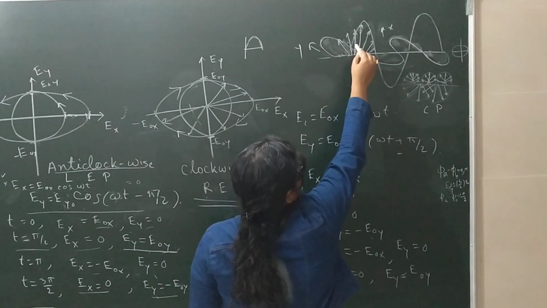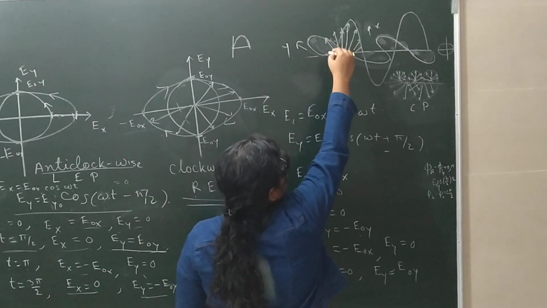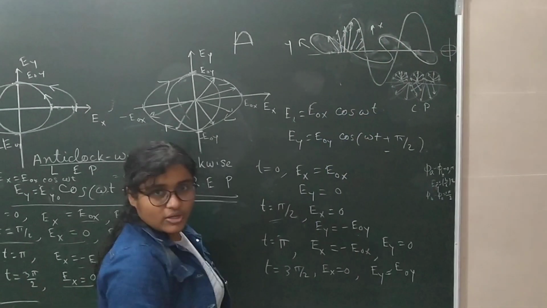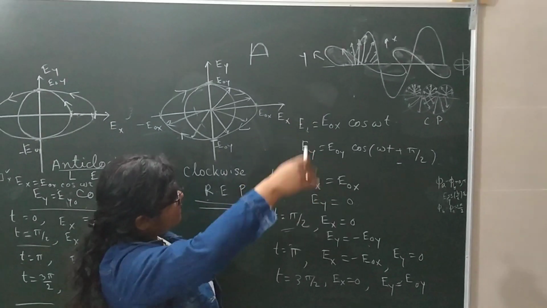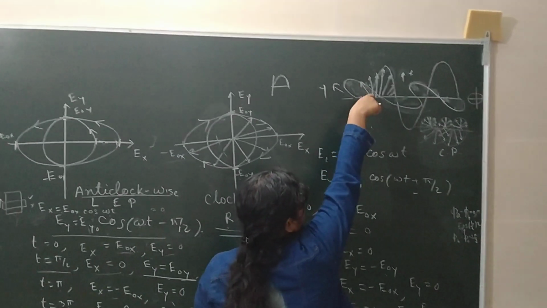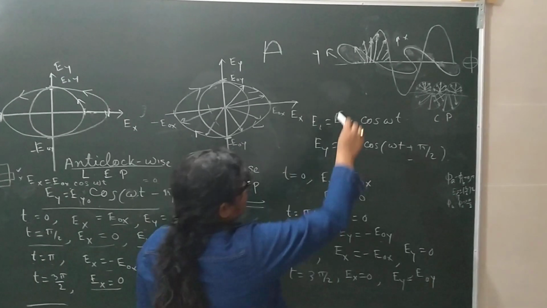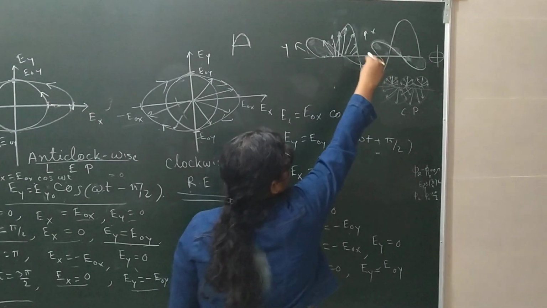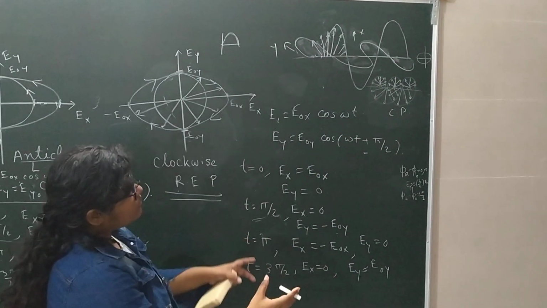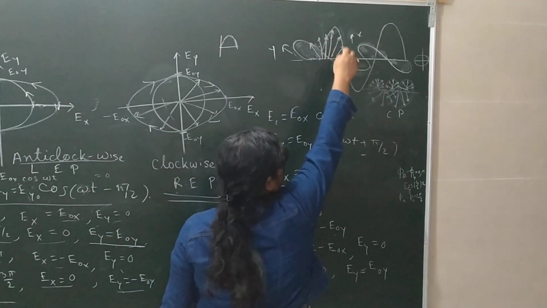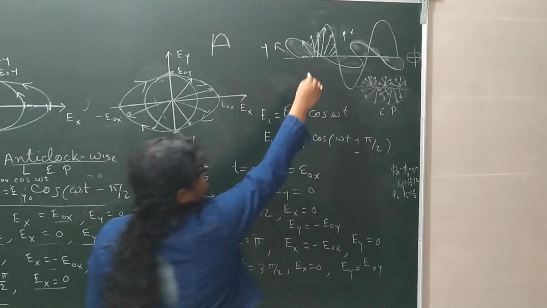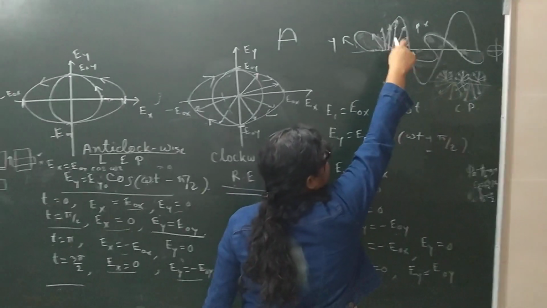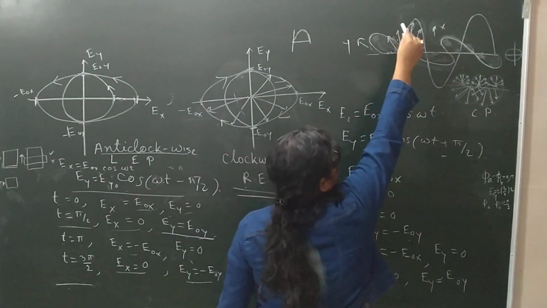So here, the maximum of this wave is not at the same instant as the maximum of this other wave, one happening in the x direction and the other in the y direction. Both magnitudes are also different. So I have purposefully drawn one with a smaller magnitude and another with a larger magnitude, and this is the representation of the elliptically polarized light. It is going that way.